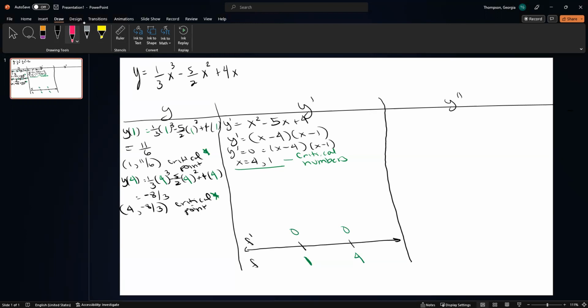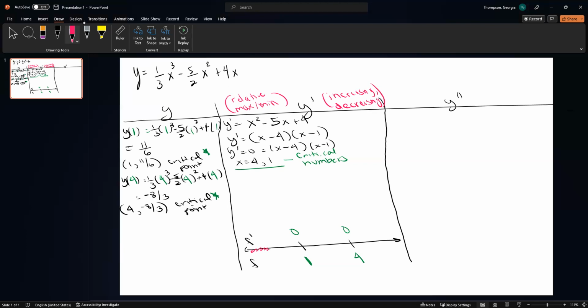So remember, the first derivative tells us about our relative max and min. The first derivative also tells us about increasing and decreasing. So we're going to keep working in this column right here.